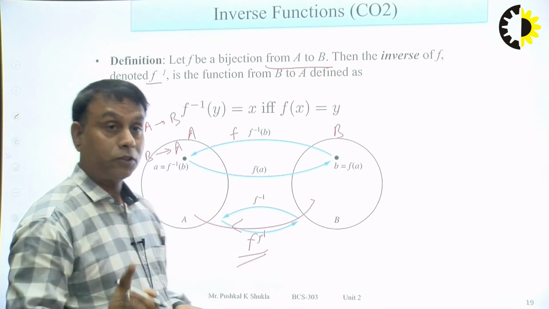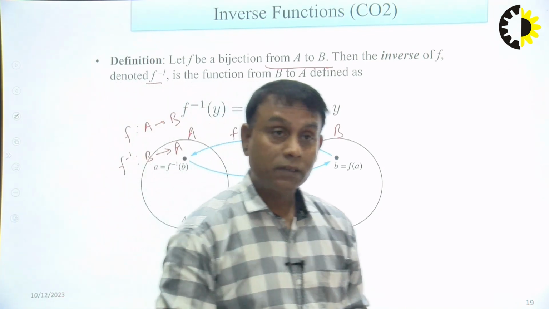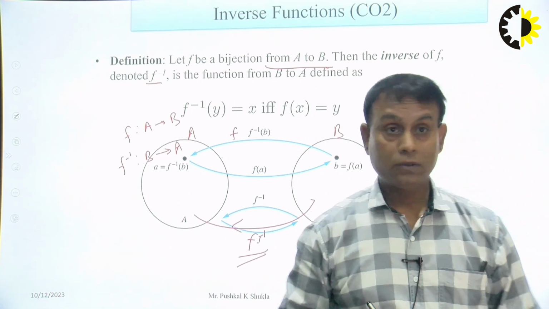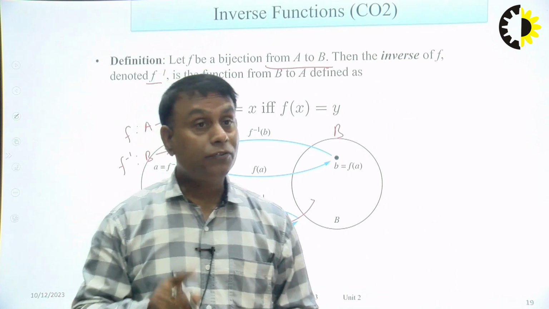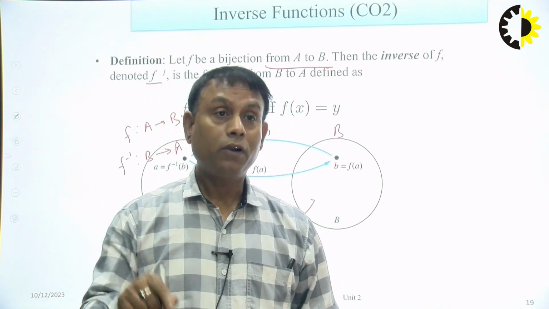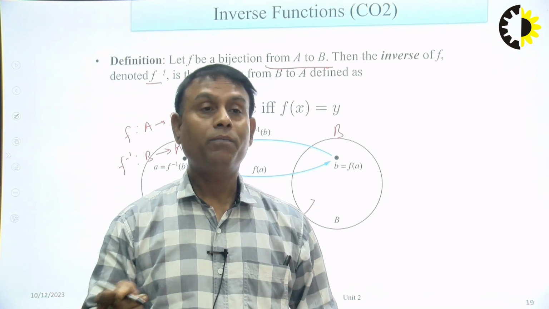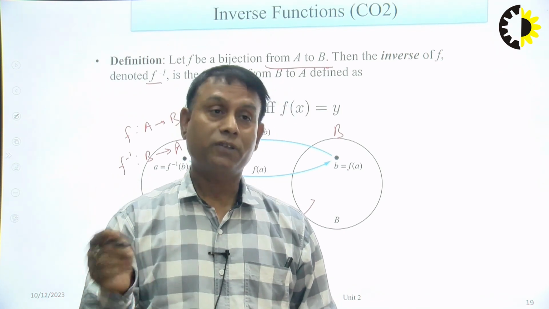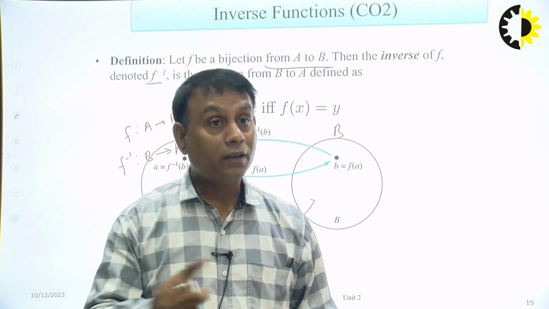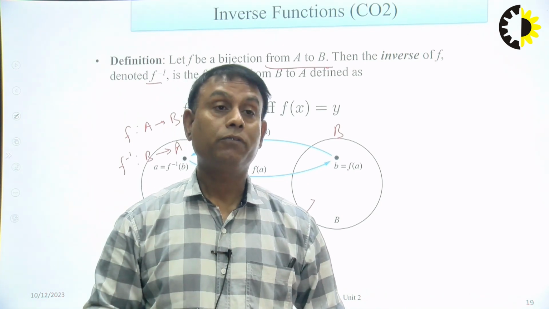F inverse is possible if the function is bijective. If the bijective property holds, then the inverse function can be calculated, otherwise not. Bijective means one-one and onto. If a function is one-one and onto, it has the properties of injective as well as surjective, then it is bijective. If it is not bijective, then at any cost you cannot calculate an inverse function of it.